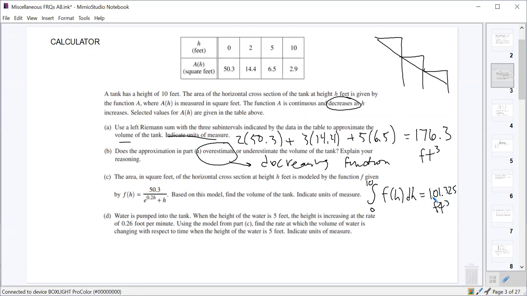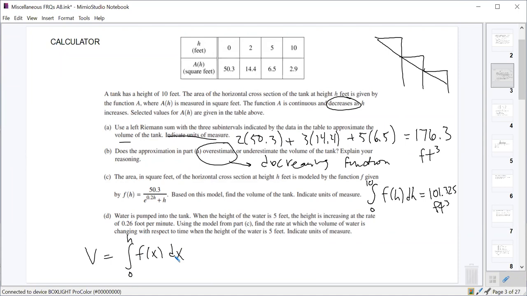Straightforward enough. Part D, water is pumped into the tank. The height is 5. The height is increasing at this rate. We're going to use our model from part C, this model right here, to find the rate at which the volume is changing. So we have a formula for the volume. The volume is the integral from 0 to whatever height we're going to of the function f.